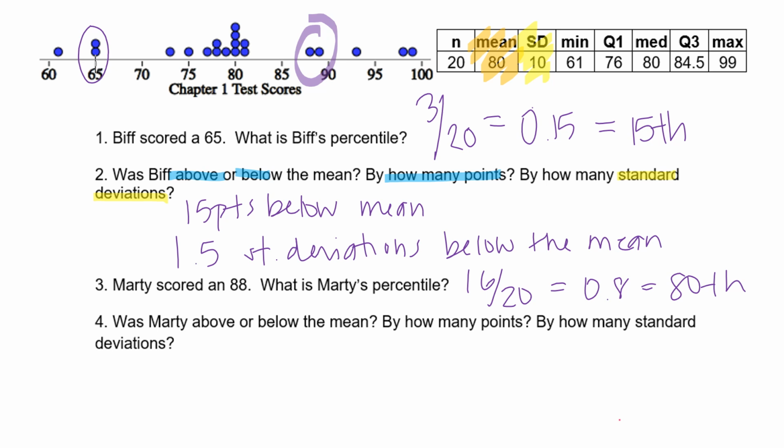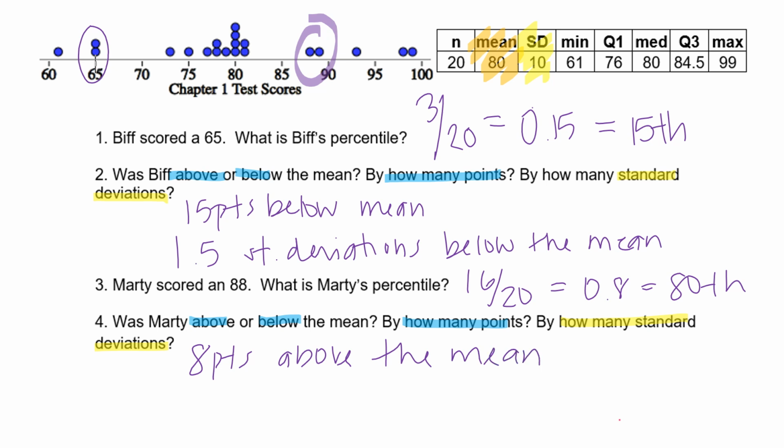Next, was Marty above or below the mean, and by how many points? And then once again, by how many standard deviations? Hopefully you can see that since he got an 88 and the mean is 80, his score was 8 points above the mean.